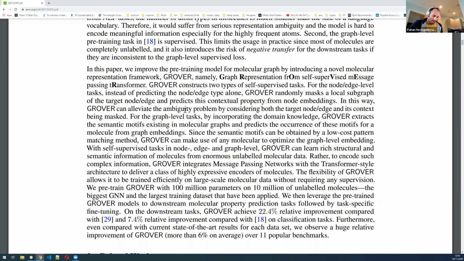Let me check if I missed anything here. Yes. So one of the interesting things about this is that in a way, they're just copying the BERT training algorithm, right? They're just saying, well, instead of masking words, you're going to mask parts of the graph.